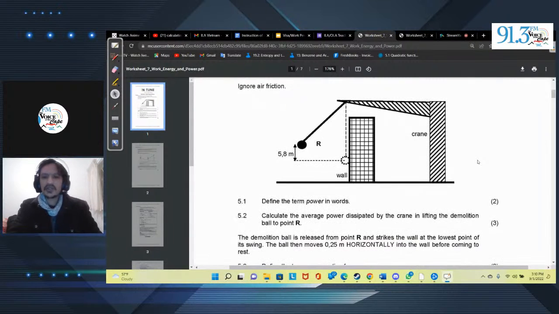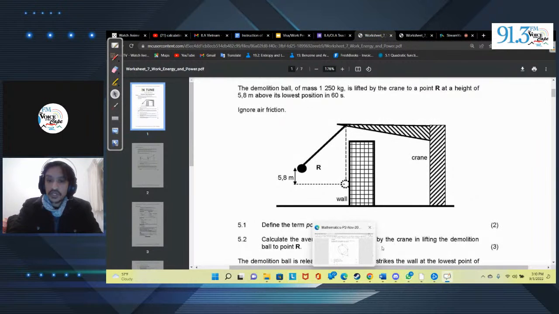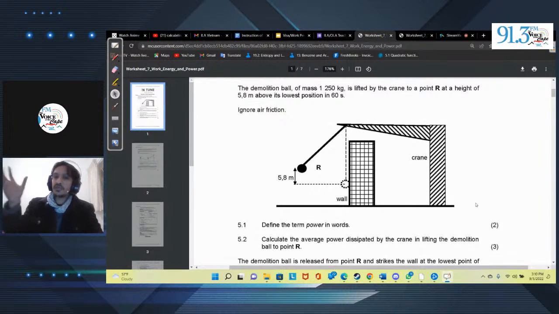It asks us to calculate the average power dissipated by the crane in lifting the demolition ball to point R. So there's no motion involved here. The ball isn't being released. They just want to know what is the power at this instance here. Well, we established that power is equal to the change in work over the change in time, right?